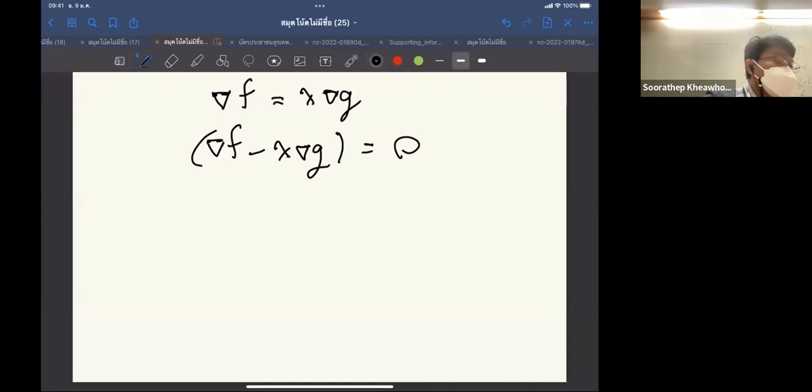And this is the origin of the Lagrange multiplier. We call it the Lagrange theorem, and we call this lambda the Lagrange multiplier.